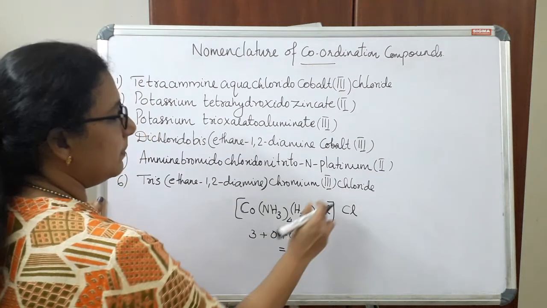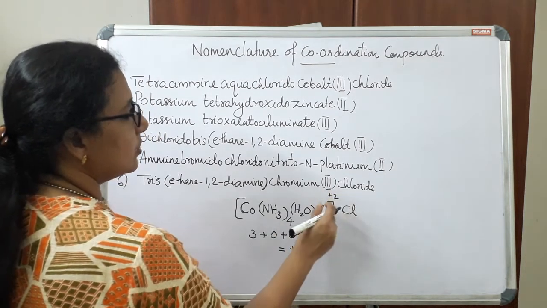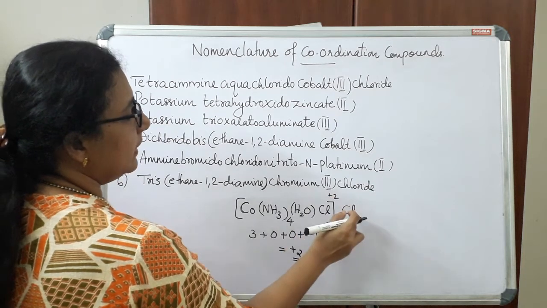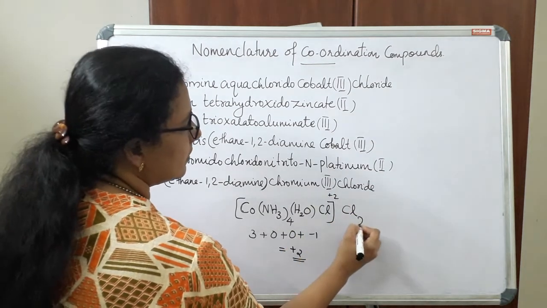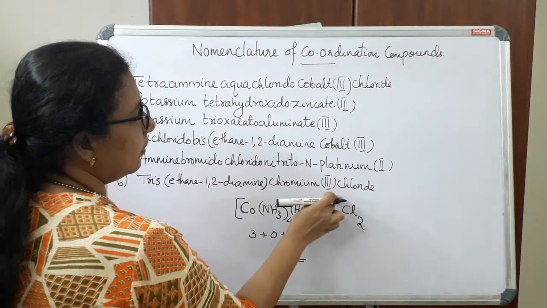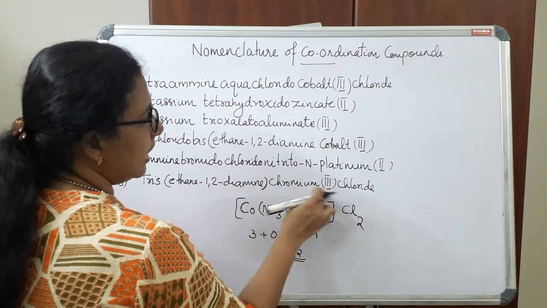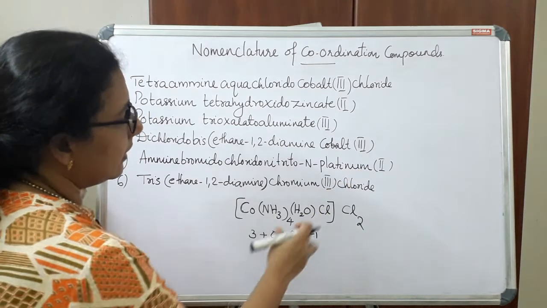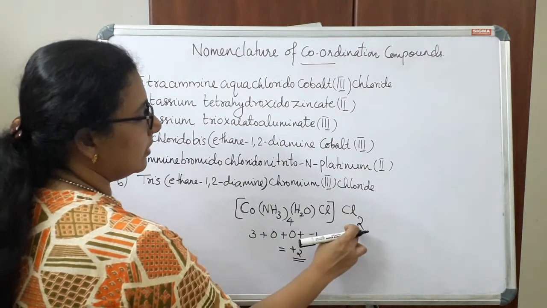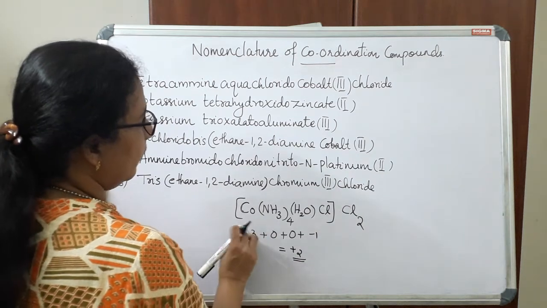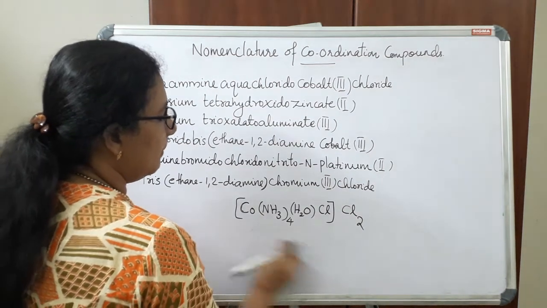So plus 2 is the charge of this complex ion, and this 2 will come as the subscript. We are not writing the charge of this complex ion; we write that number as the subscript. So this will be the formula of the first compound.